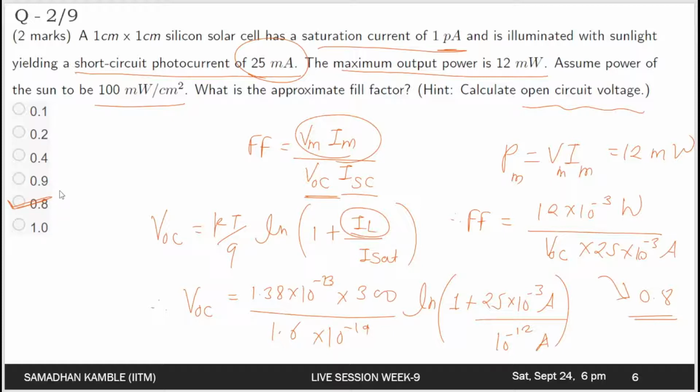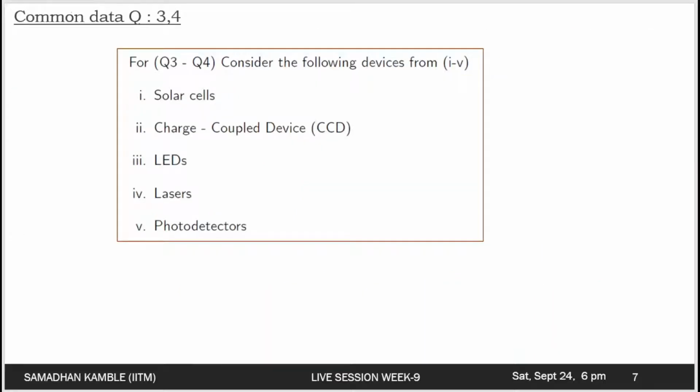Is it clear? If you have any doubt, you can stop me, as I said. Okay, so after these calculations, let us go to some conceptual questions. This is the common data for question number 3 and question number 4. Consider the following five devices, in order: solar cells, charge coupled device, that is CCD, LEDs, which is nothing but the light emitting diode, lasers, and photo detectors.